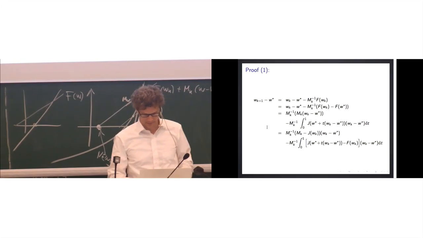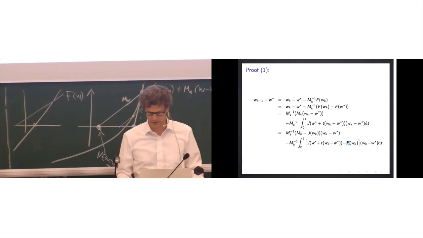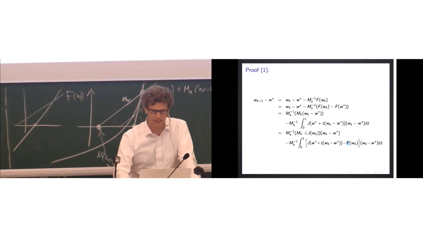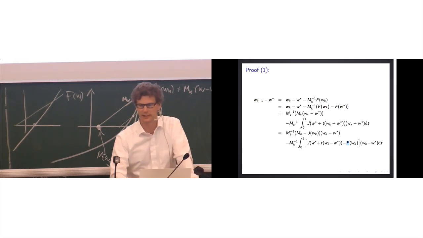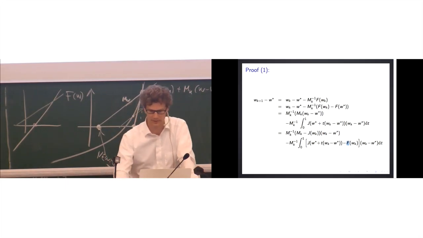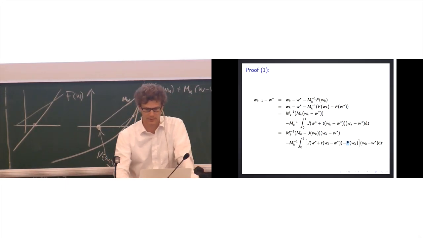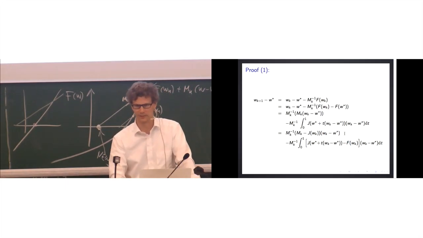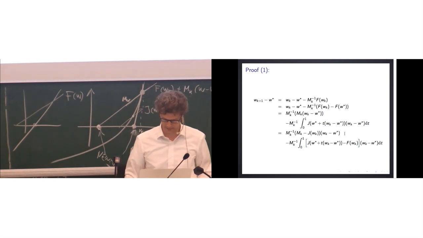So we subtract just nothing, because it's here with a minus sign and here with a double minus sign, so it comes with a plus sign, and the integral is from 0 to 1, so it's just integrating a constant. So now you have added nothing to your equation, and that's always the trick.